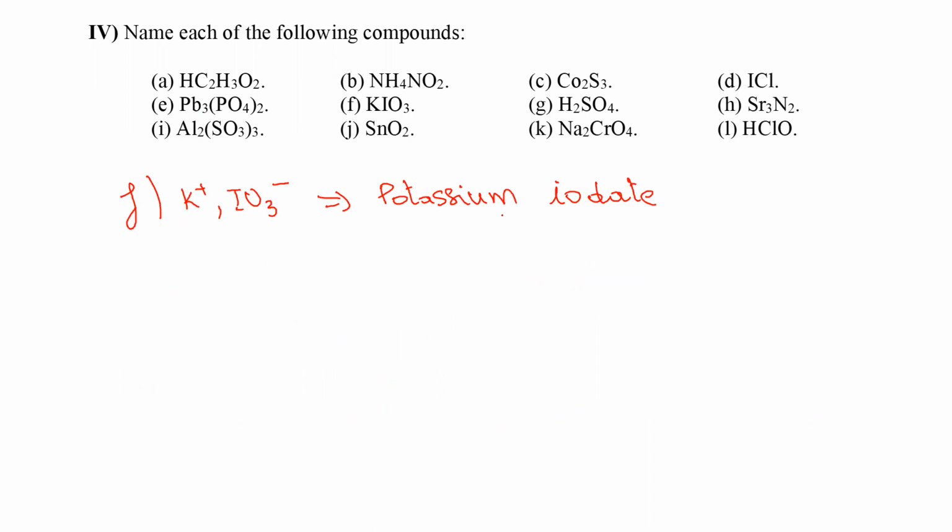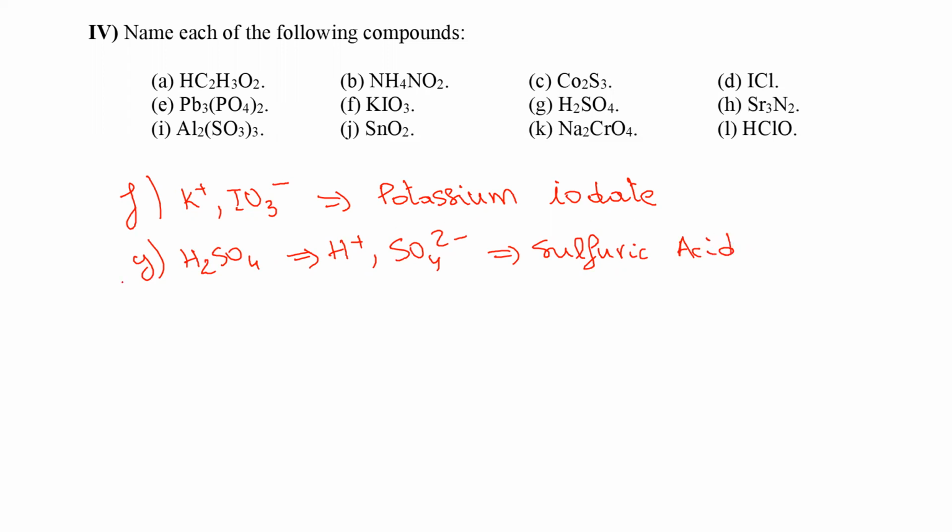Okay. This is also ionic. If we look at G, this is H2SO4, based on H plus, so it's an acid, and SO4 2 minus, which is sulfate. Excellent. So it's going to be sulfuric acid. For H, it's again a metal and a non-metal, based on strontium 2 plus and the nitrite ion.